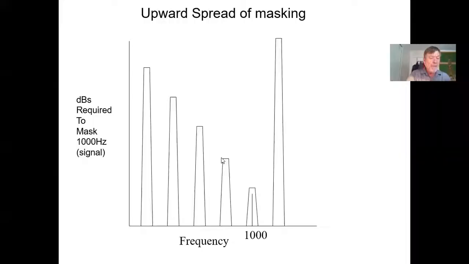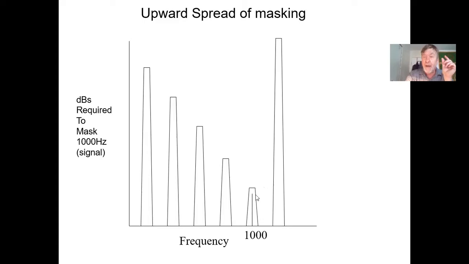Well, I'm going to have to make that 500 hertz narrow band of noise really more intense in order to mask the signal. It'll mask it, but I got to make it more intense. Now let's say I'm trying to mask that signal with an even lower narrow band of noise. I've got to make that narrow band of noise even louder.